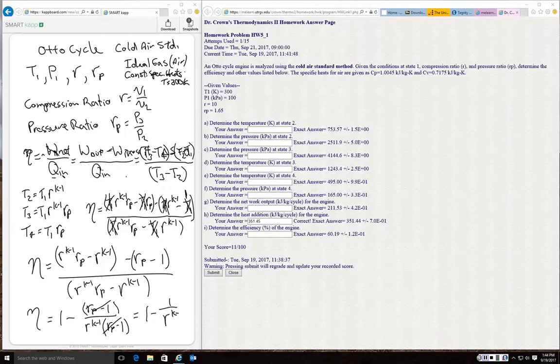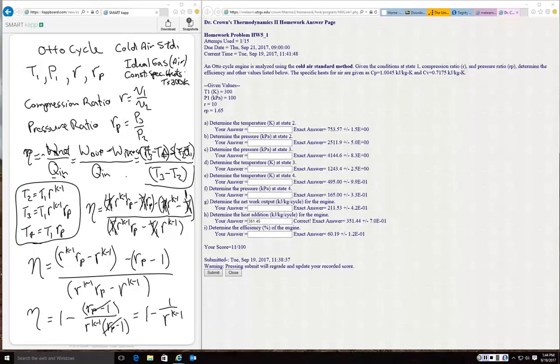And here we just put in the equations for temperatures, all as a function of T1, and things simplify quite nicely. So that's another way to come up with efficiency, although we'll get the same result if we calculate all our temperatures and put that in.